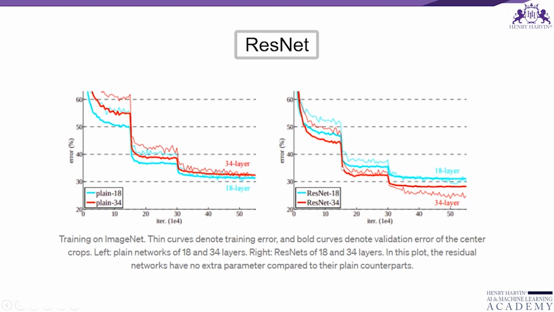In this plot, the residual networks have no extra parameters compared to their plain counterparts. When it was tried with 56 layers, it was not giving good performance, and the problem is the vanishing gradient. It is very difficult to train very deep networks, right? We are going to study all these things in detail.